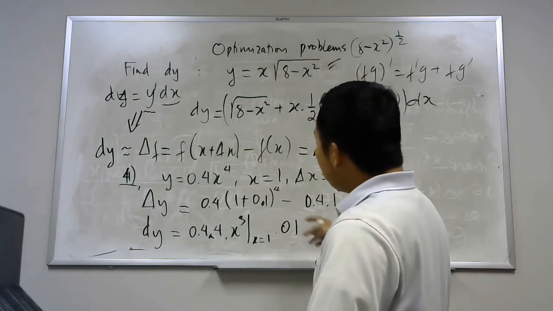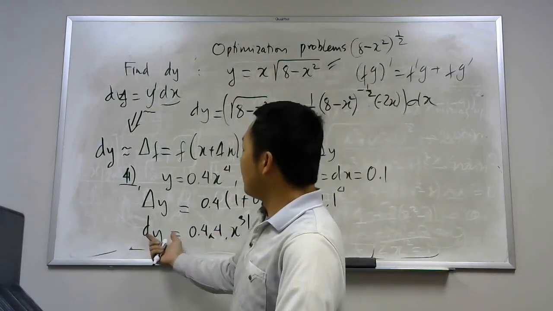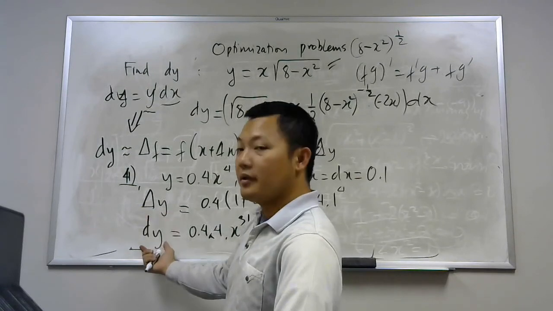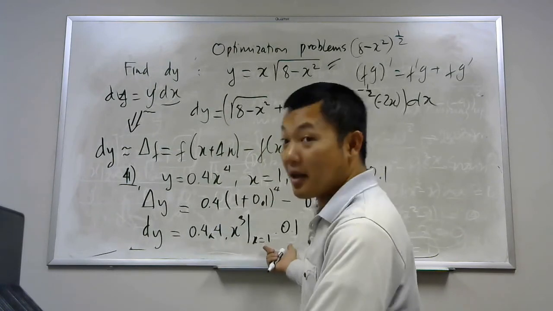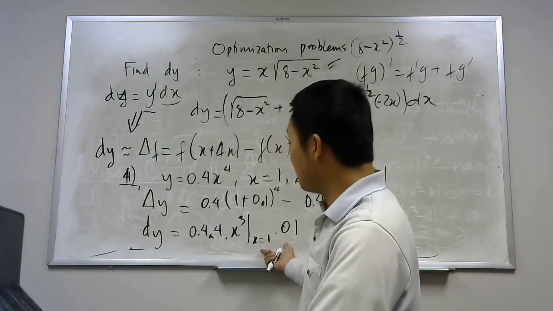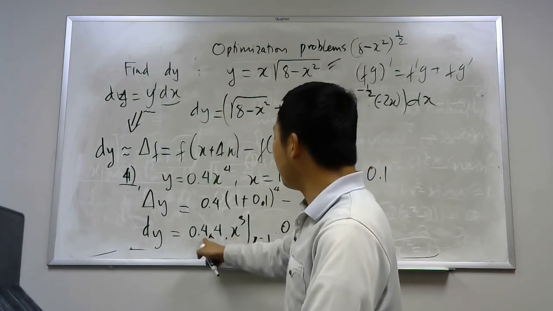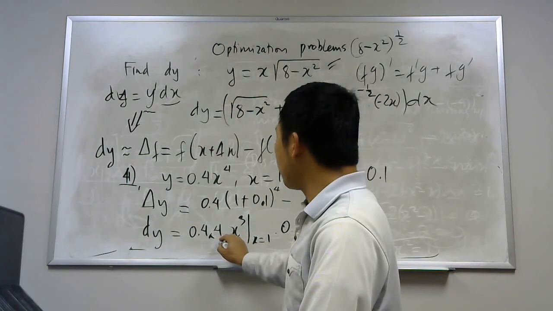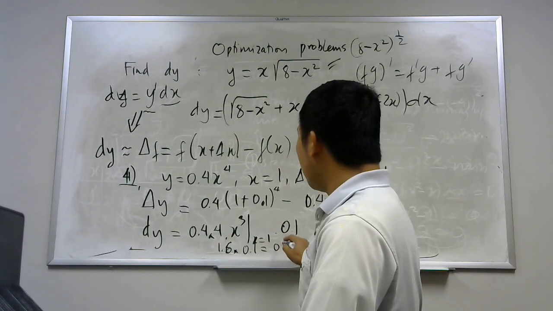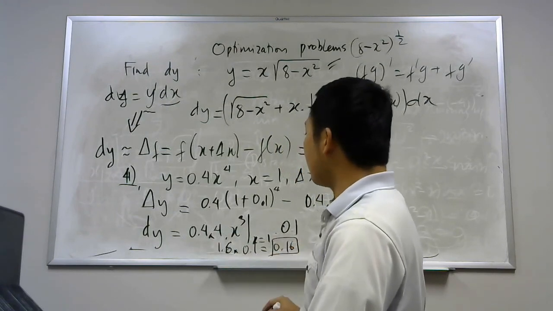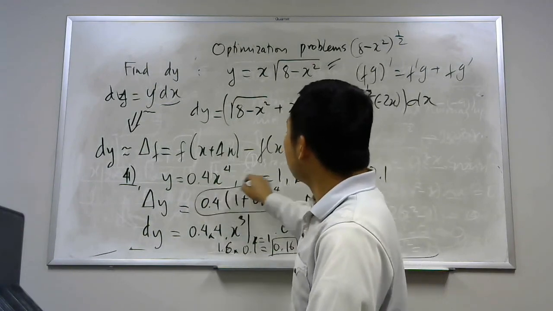And of course, if you compare the two expressions in here, you can see that if we approximate delta y using differential, our computation would be much simpler. You see, here you plug 1 into this, you get 0.4 times 1 times 4 is 1.6, and then multiply by 0.1, you get 0.16, and that's your answer. And actually, this is approximately equal to this value.